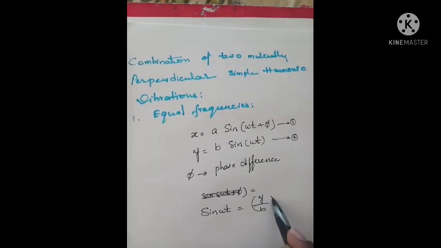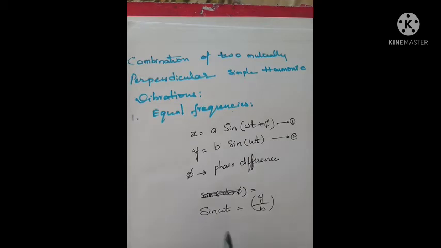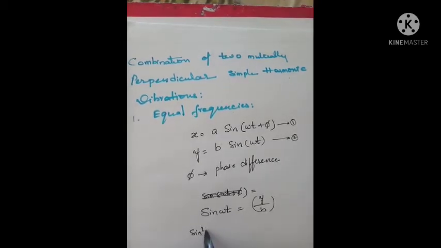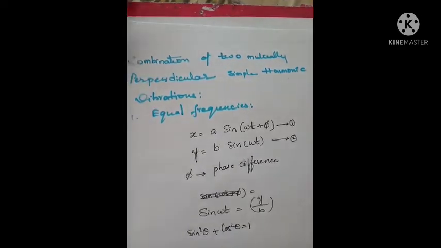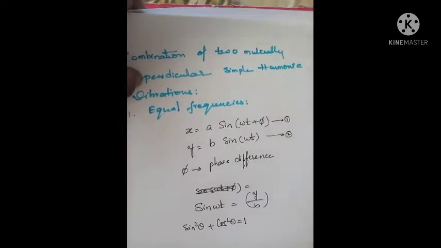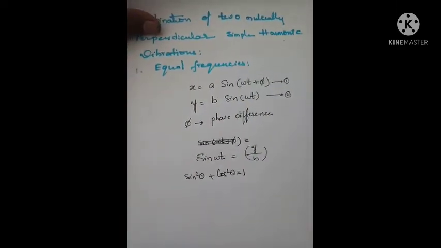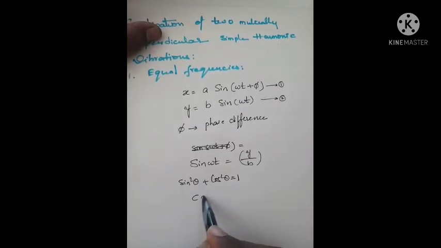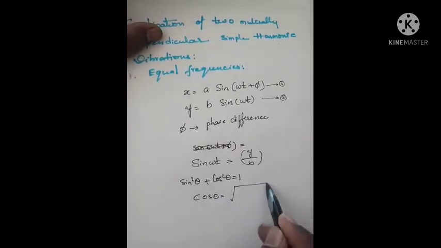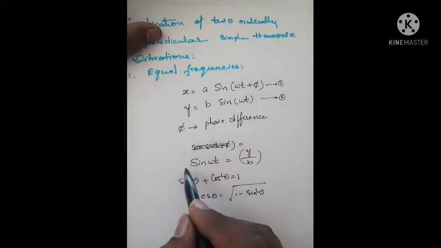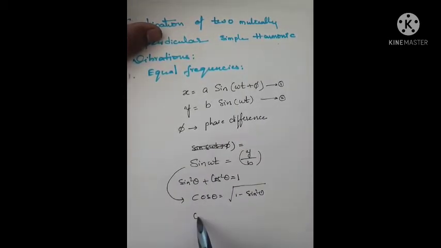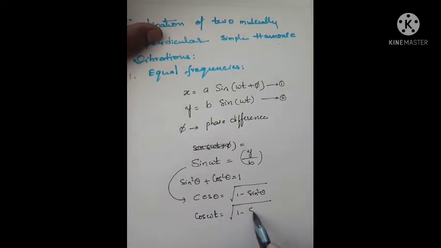Now we know one formula: sine square theta plus cos square theta equal to 1, right? From this equation, cos theta equals under root 1 minus sine square theta. So we get cos omega t equal to under root 1 minus sine square omega t.